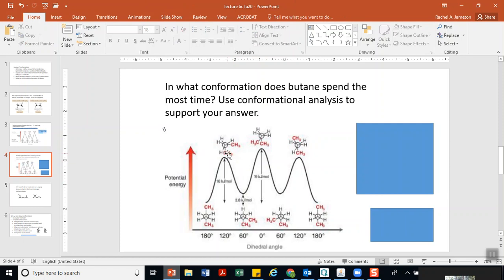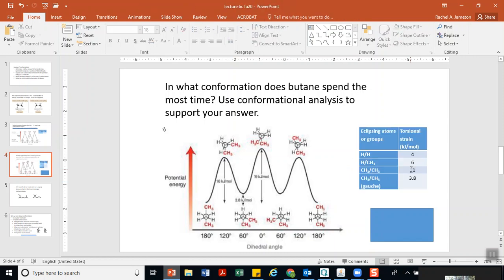So there's a lot of different possibilities here, and we can summarize them in this chart. For the eclipsing interactions, you can have hydrogen-hydrogen, like over here, that contributes 4 kilojoules per mole. You can have hydrogen-carbon, like over here, and there's 2 of those in this conformation.